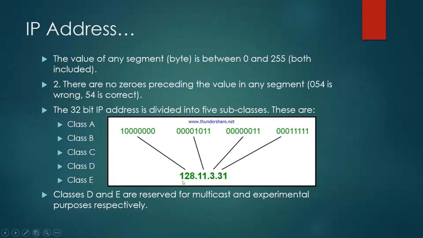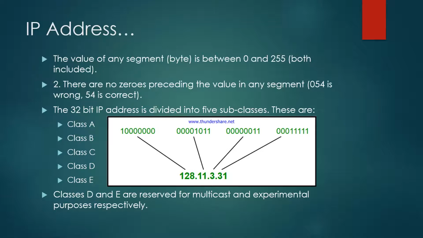So here you can see 128.11.3.31. These are 4 octets. 128 is the first octet, 11 is the second octet, 3 is the third octet and 31 is the fourth octet.